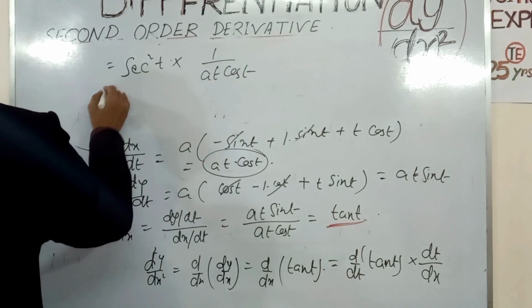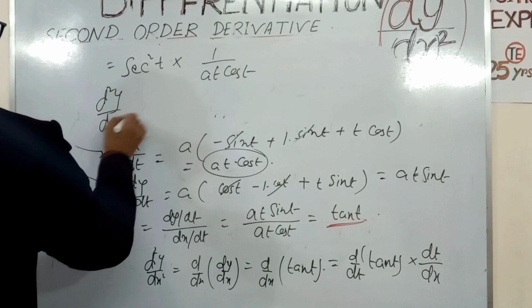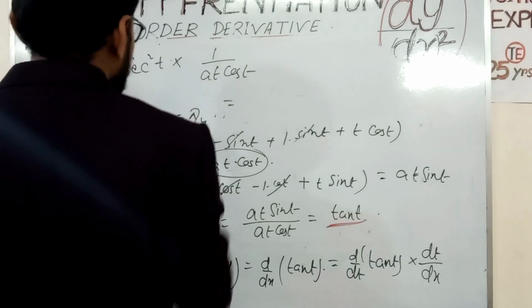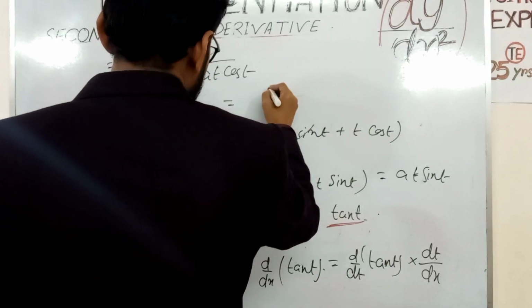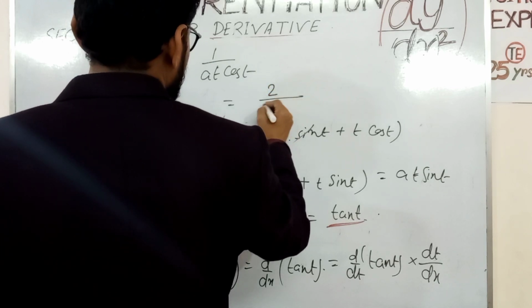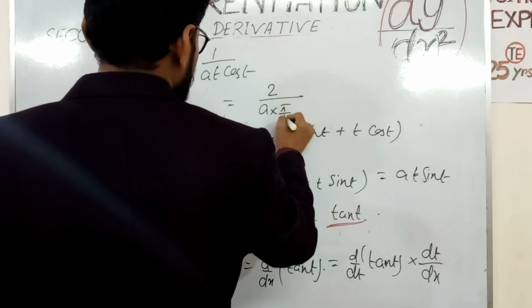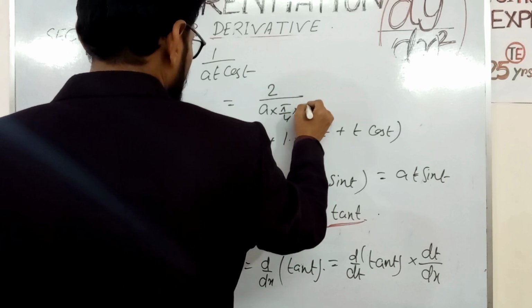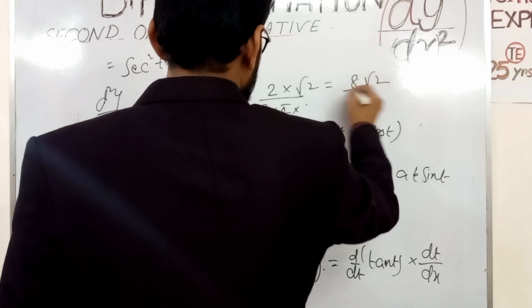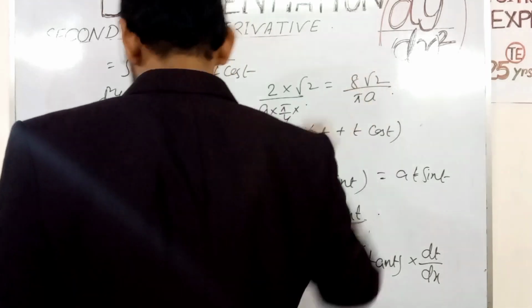Now d2y by dx square at t equal to pi by 4, put pi by 4 here, sec square pi by 4 is 2, divided by a into pi by 4 into cos pi by 4, which is 1 by root 2, that is this, that is 8 root 2 by a pi. This is the answer.